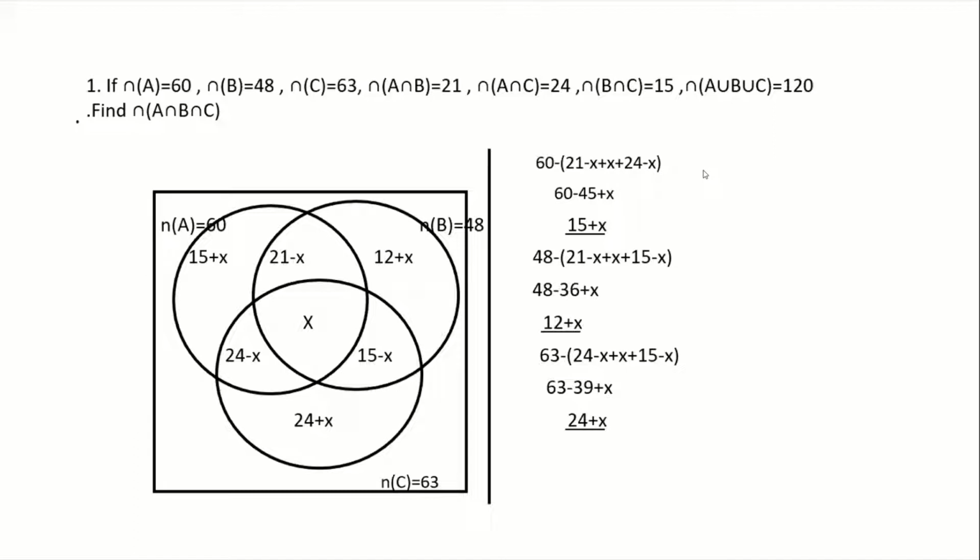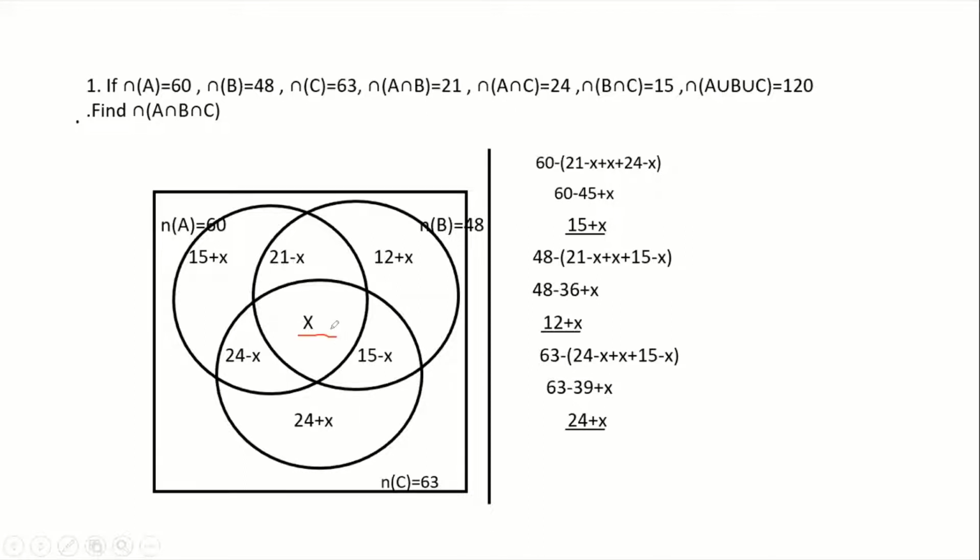They are also telling us the number of A union B union C is equal to 120. So they are asking us to find the number of A intersection B intersection C, and I let it be X.